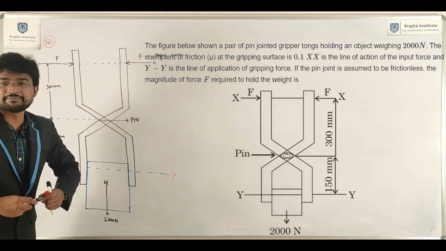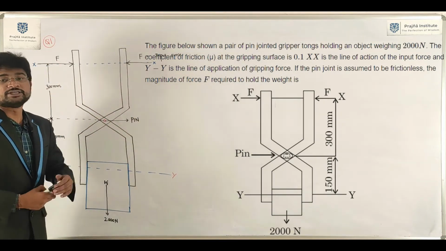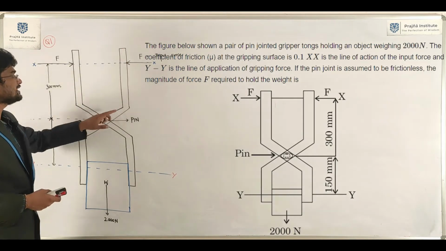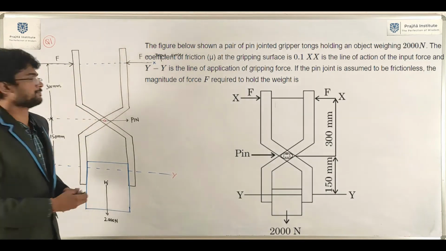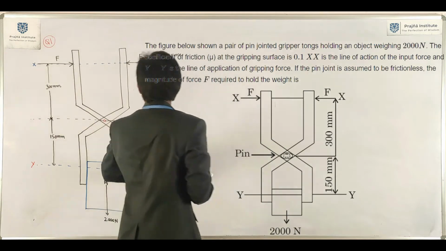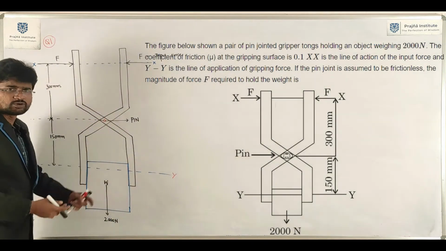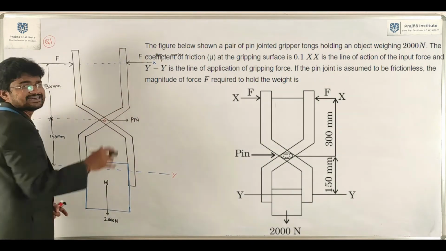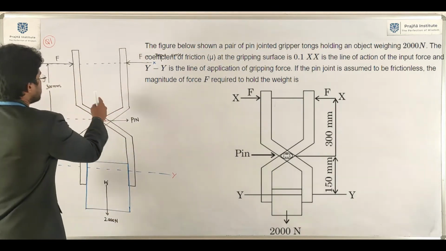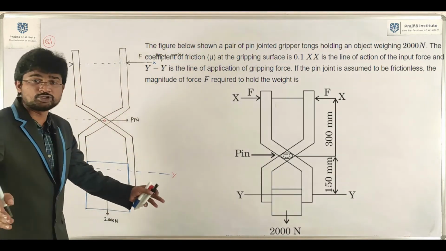For that, we need to draw the free body diagram for the gripper. I am interested in drawing the free body diagram for this one, but you can draw it for that one, it is up to you.